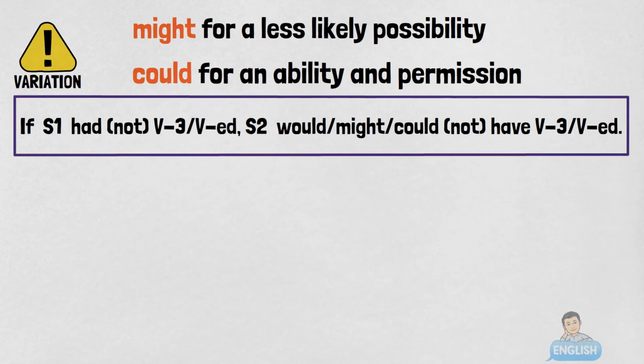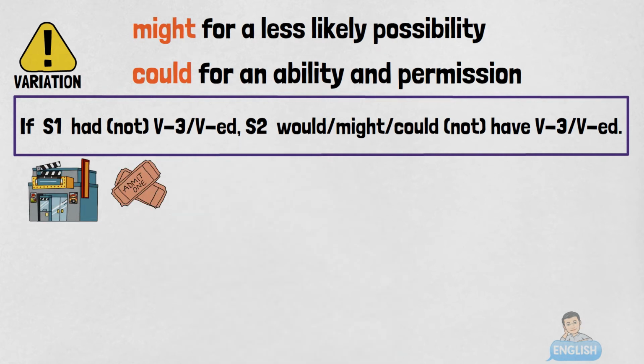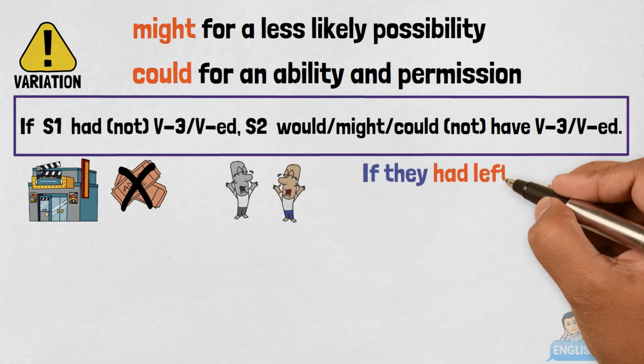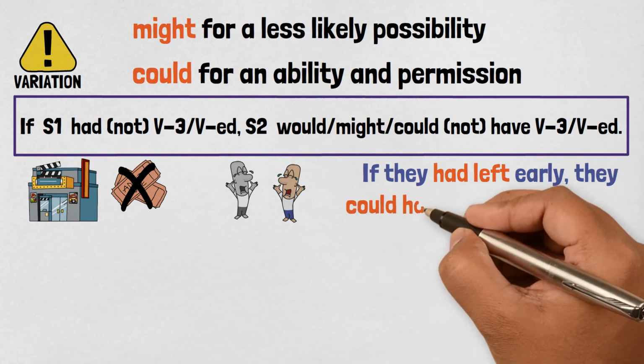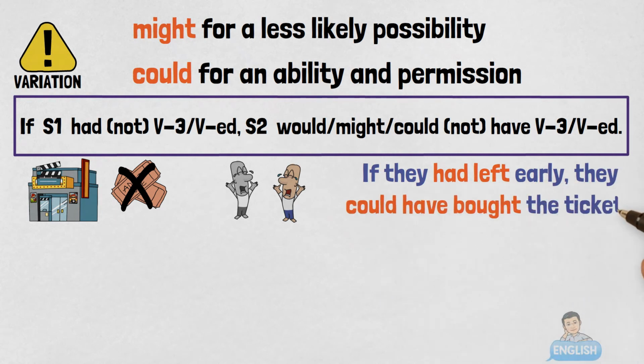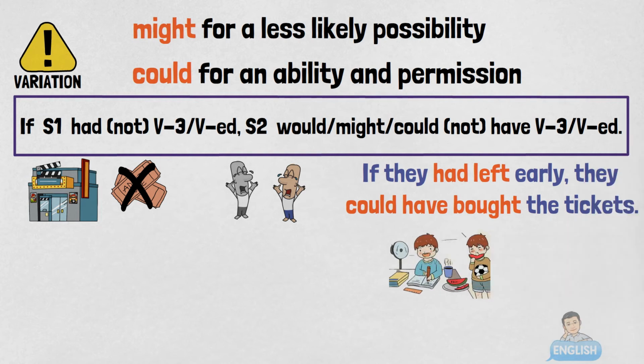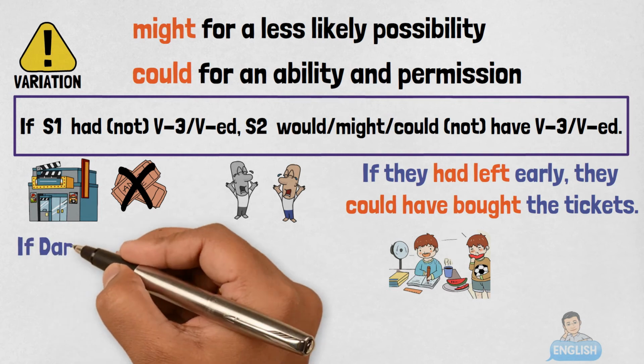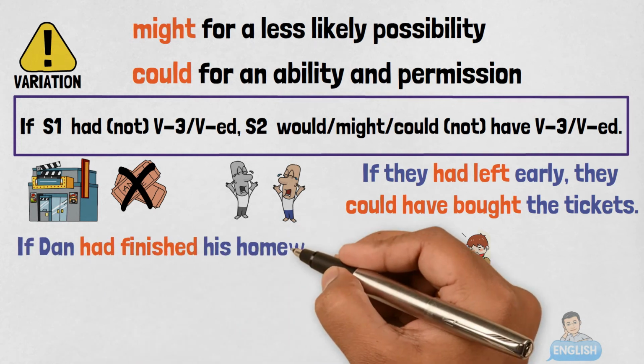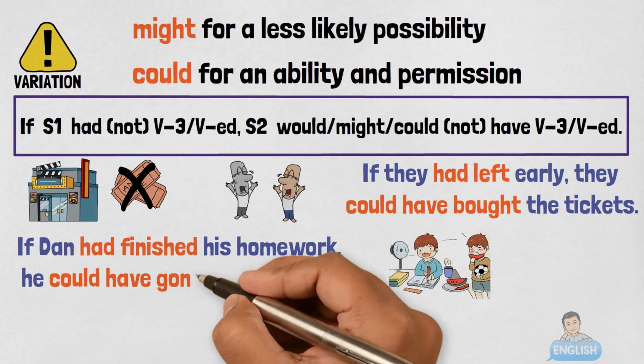For example, if they had left early, they could have bought the tickets. It's an ability. Or, if Dan had finished his homework, you could have gone out with Tom.